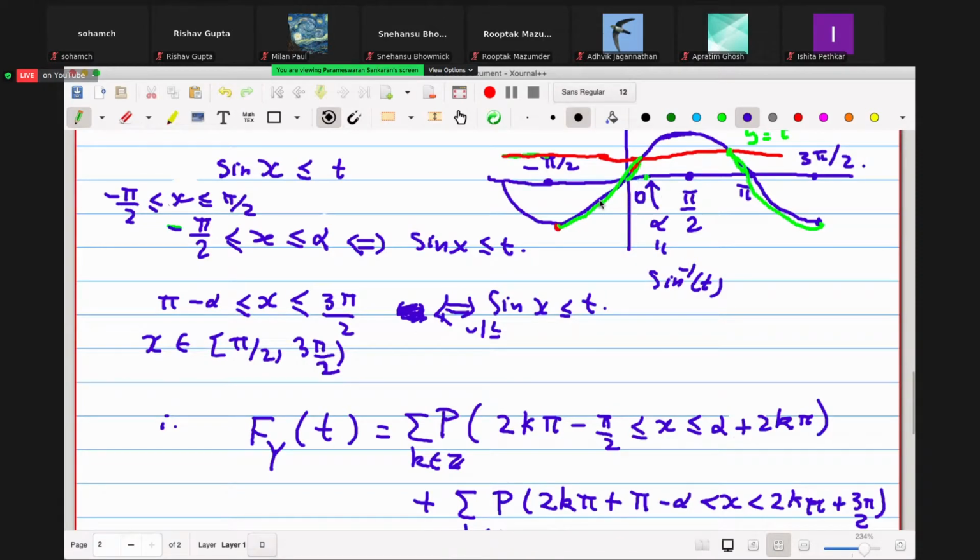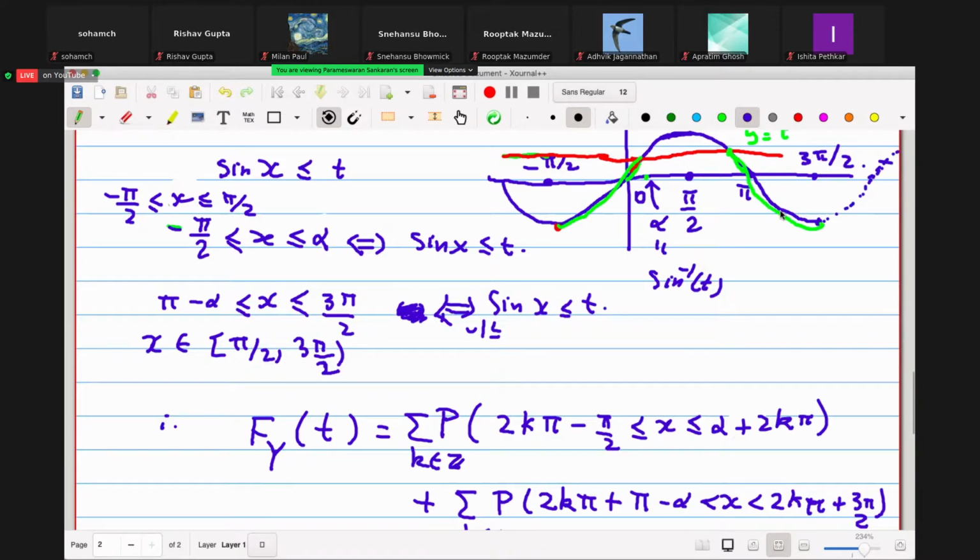You see, if you translate by 2 pi, it will go to this side, somewhere far away, which I have not indicated. You will capture this portion by translating this by 2 pi, but you will not capture this. So that's why you need to be careful.